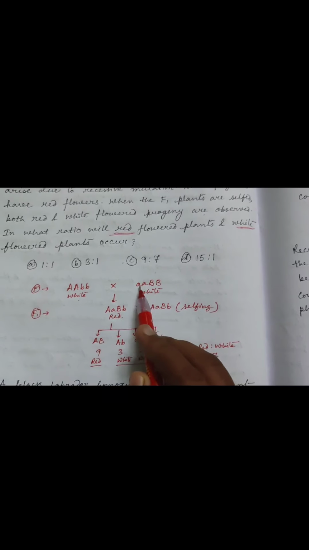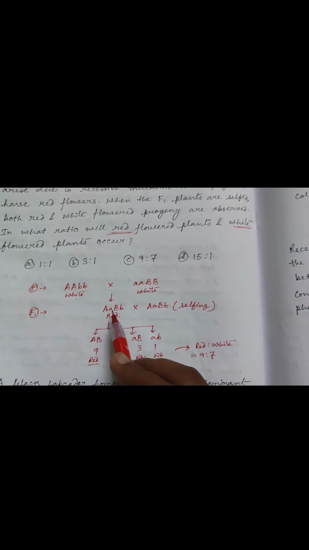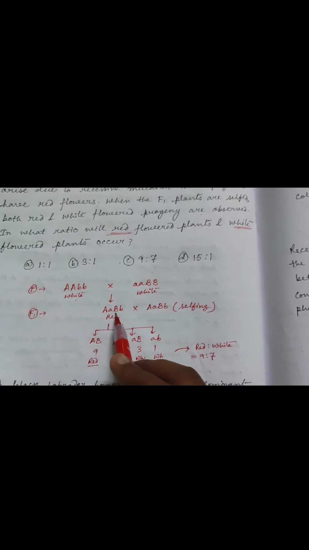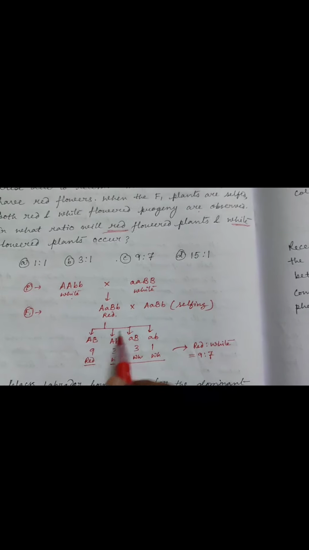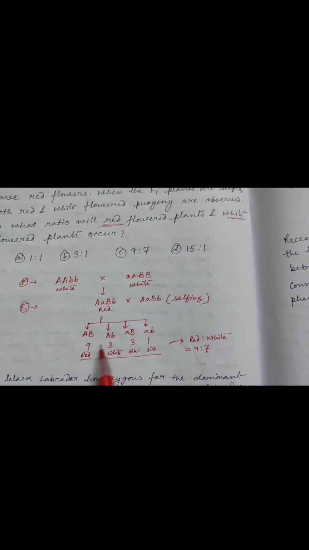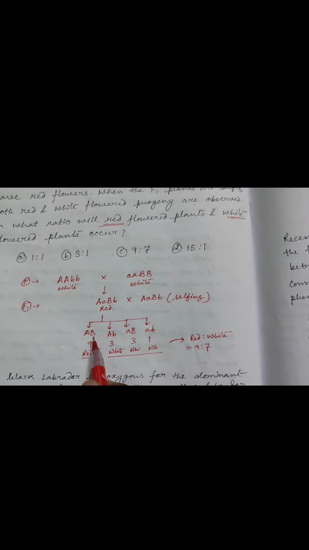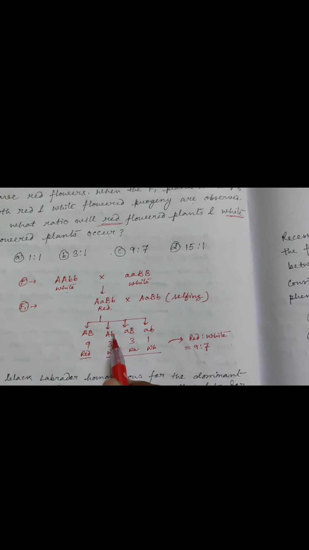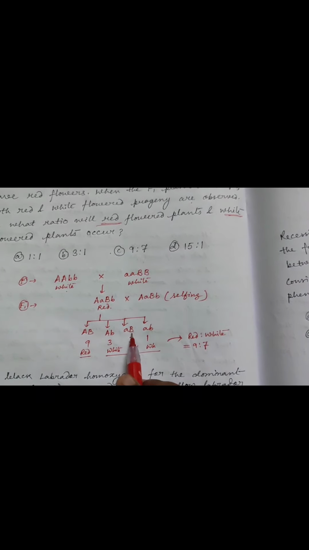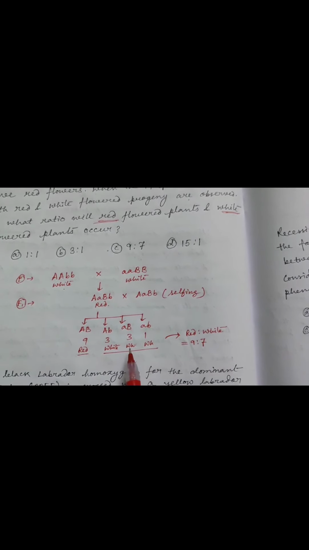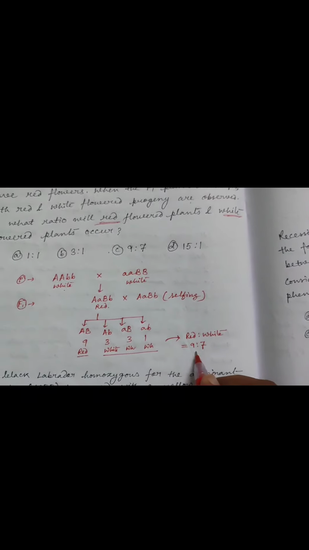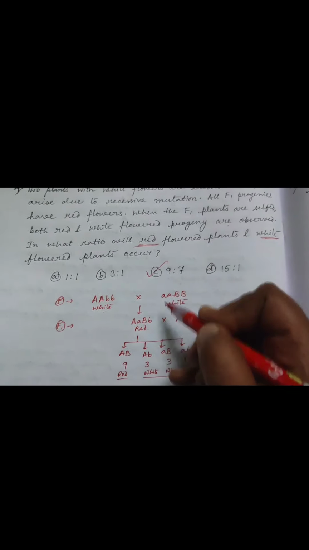Here also white means small a, but capital B. And when red is produced, obviously the dominant alleles of both the genes should be present. Okay. And when it is selfed, then four types of gametes are produced. Where both the dominant alleles are present, they show red color, and where only one dominant allele is present or neither dominant allele is present, they show white color. So the ratio of red to white will be 9:7. So the correct answer is option C.